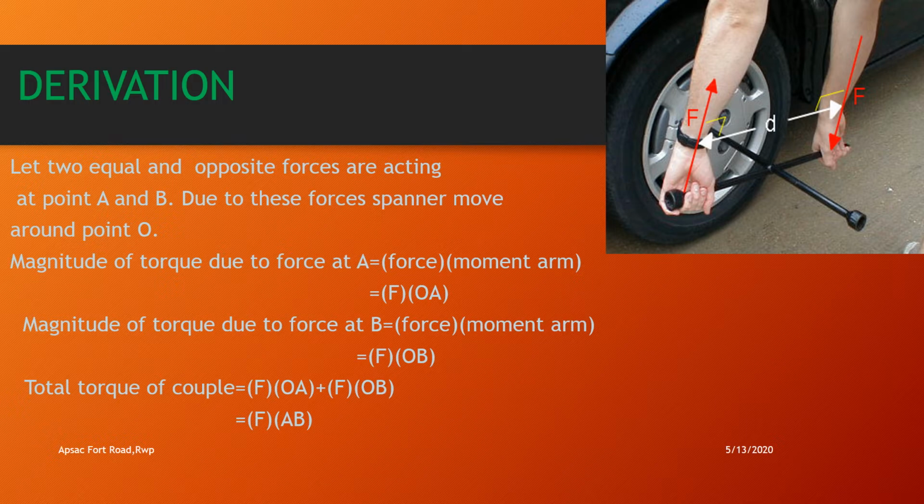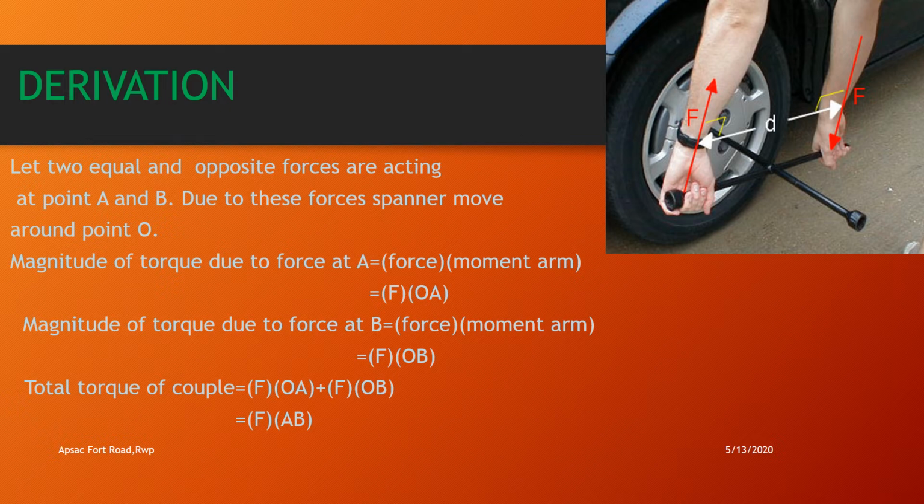Now, these two torques are acting in the same direction on this double arm spanner, that is the anti-clockwise direction. So, the torques of these two forces will be added up and they constitute a couple. So, the total torque of the couple will be equal to the torque produced due to the force at point A plus the torque produced due to the force at point B. That is F multiplied by OA plus F multiplied by OB.